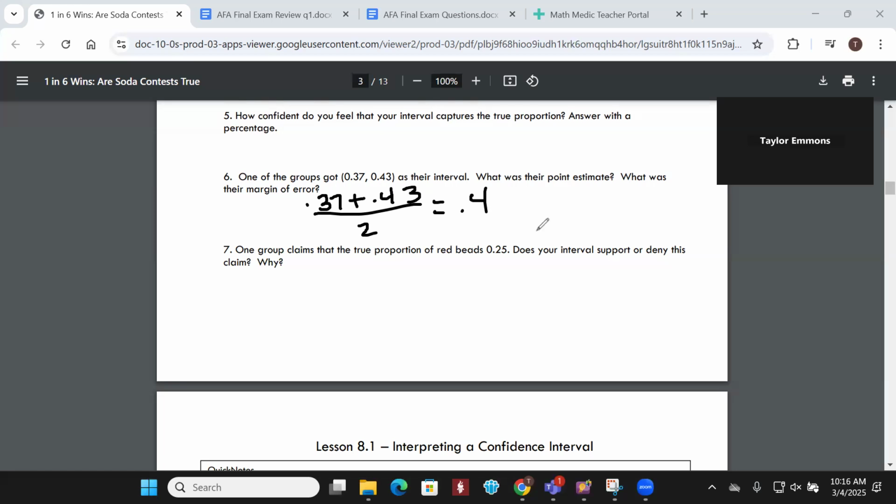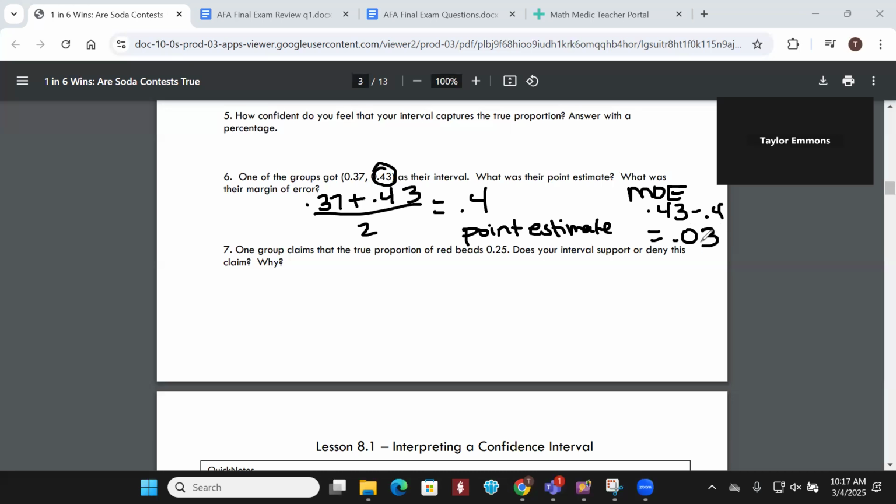What was their margin of error? So this was the point estimate. Now, what is the margin of error? How do we figure that out? 0.43 minus 0.4 is 0.03.